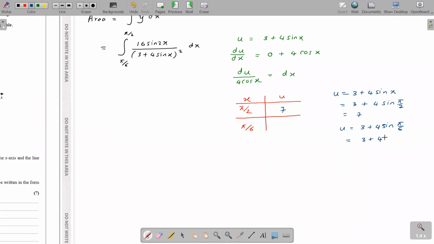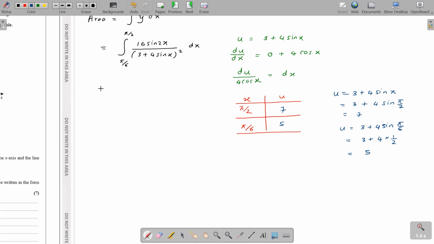Sine pi over 6 is? Half. 4 times half is 2. 3 plus 2, the answer is 5. So 5. These are the two u limits. Are you with me? So when x is pi over 2, the limit is replaced by 7. At pi over 6, the limit is replaced by 5.